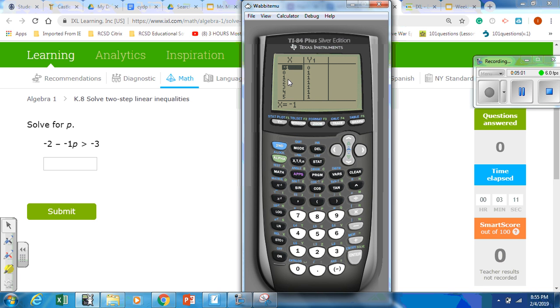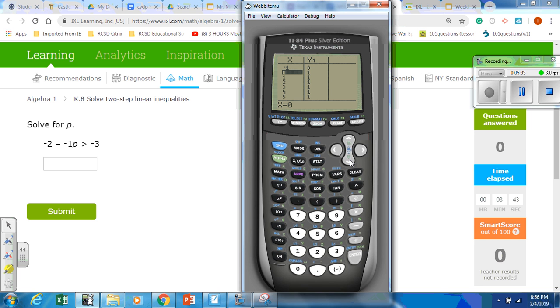When X is greater than 0, it is true. So because we don't have a greater than or equal to, I'm going with -1 as my solution. Let's put it in here. P is greater than -1.